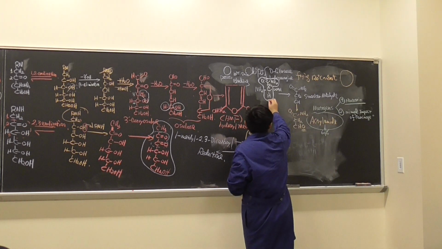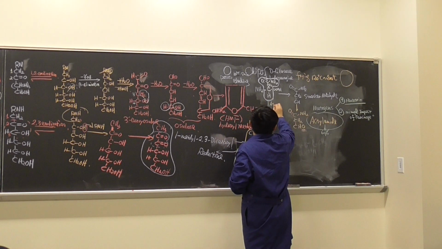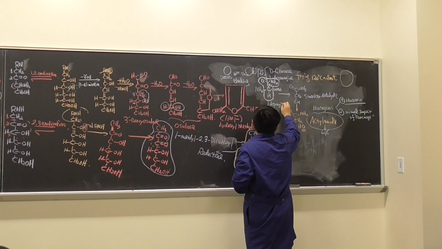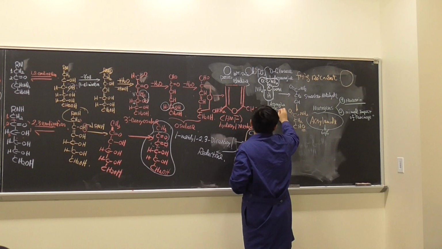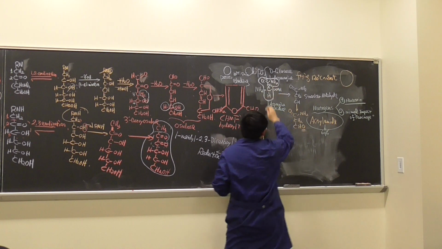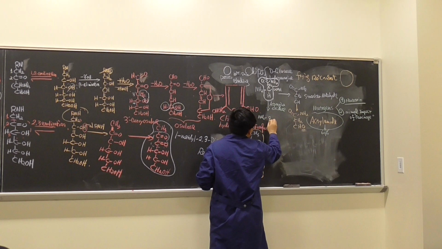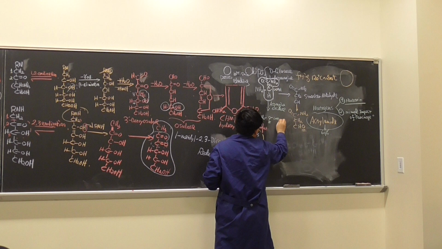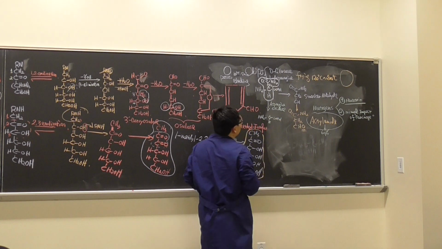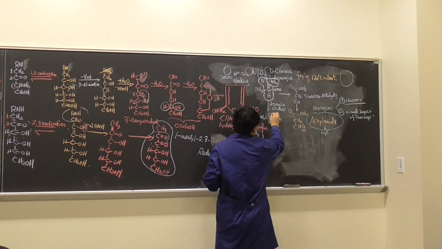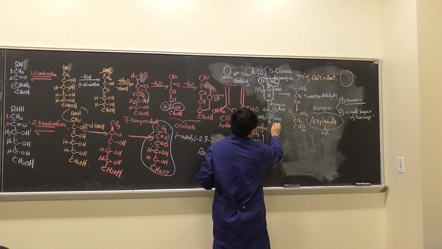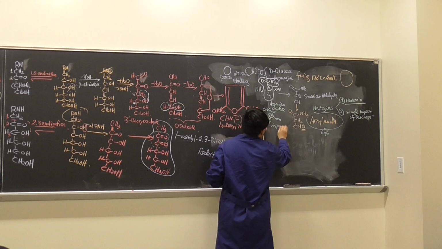Okay, what am I going to do? I'm going to add asparagine oxidase. Okay, then what does this guy become? Once this oxidase acts, it's no longer asparagine, it will become aspartic acid.